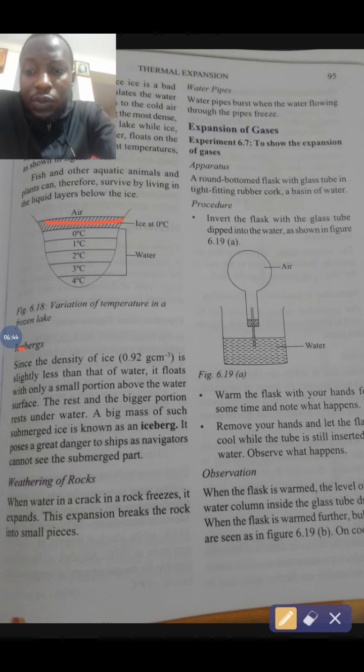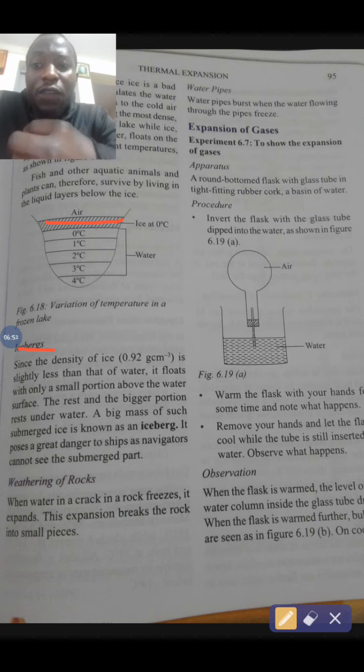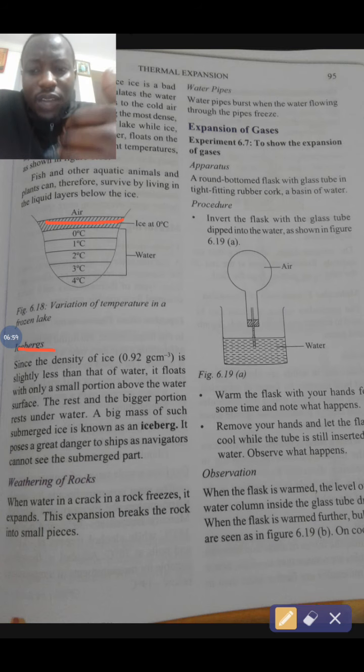Number two, we have the icebergs. Now, an iceberg is a large volume of ice that has formed on the surface of water. But when it comes to the iceberg, icebergs are very dangerous.